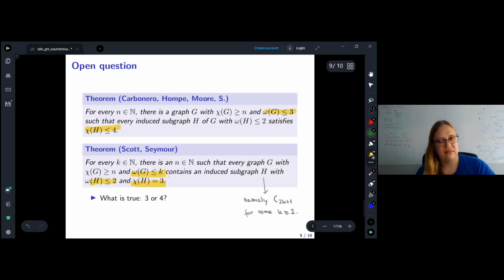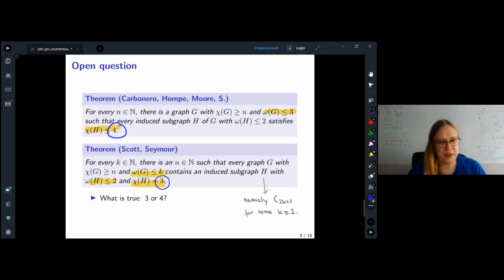So there's only one gap here between, is it actually 3 or is it actually 4? That's still open. We checked for our construction, and it is actually 4. It contains triangle-free graphs that require 4 colors.